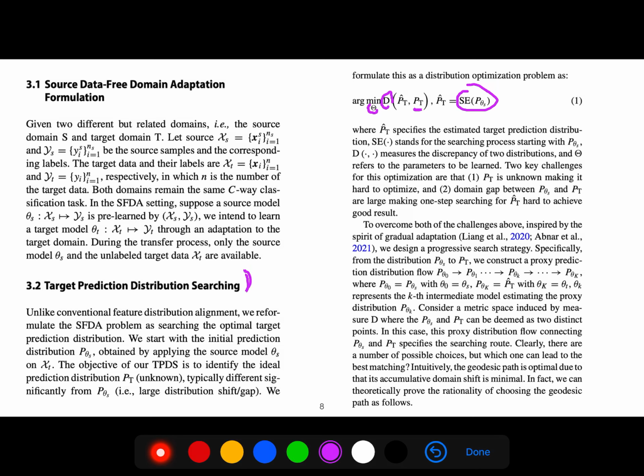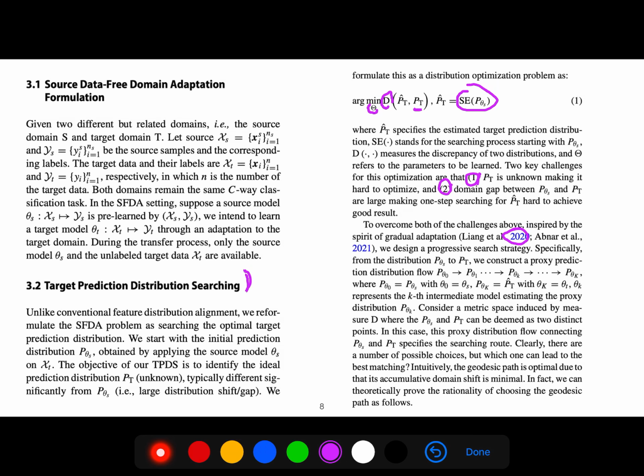You don't know. And the second problem is that the domain gap between them is large, making a one-step search hard to achieve a good result. So to overcome both of these two challenges, inspired by the spirit of gradual adaptation, in this paper, we designed a progressive search strategy.